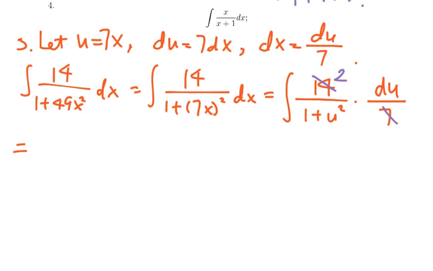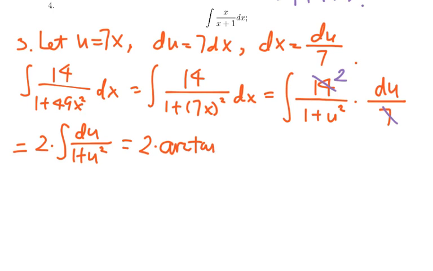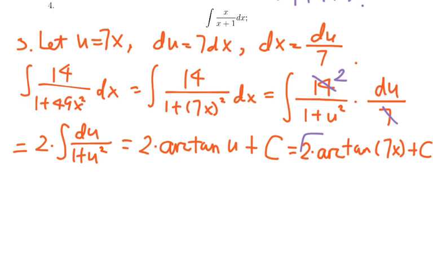We can put 2 in front of the integral: 2 times the integral of du over 1 plus u squared, and the antiderivative of 1 over 1 plus u squared is arctangent of u, so we have 2 times arctangent of u plus a constant c. Then we replace u by 7x, so we have 2 times arctangent of 7x plus c, and this will be our final result.